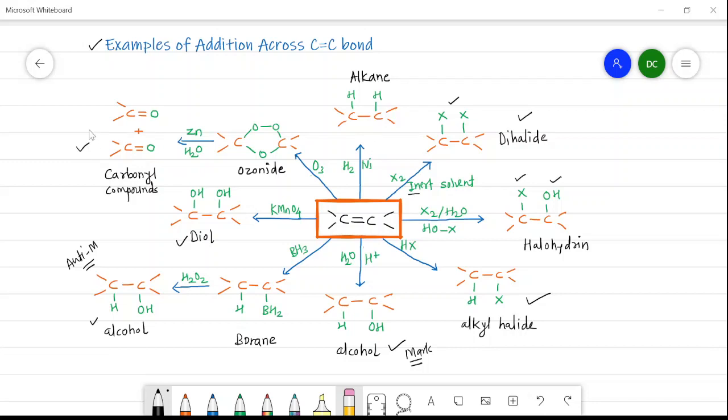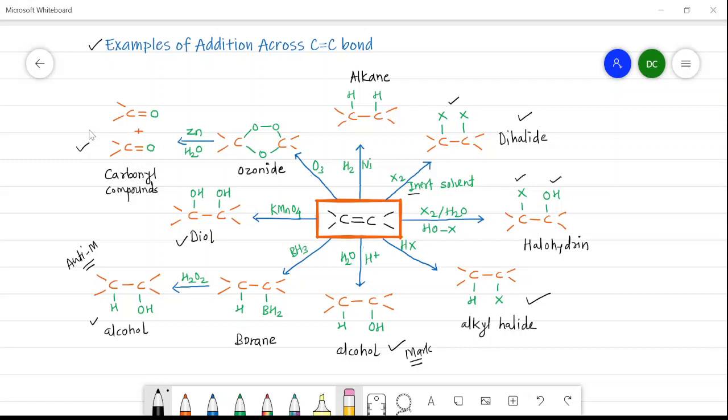So all these reactions contain an electrophilic addition of an electrophilic reagent, which is called an addendum, across the carbon double bond carbon. And we will discuss all these reactions in the upcoming videos, with details and examples.